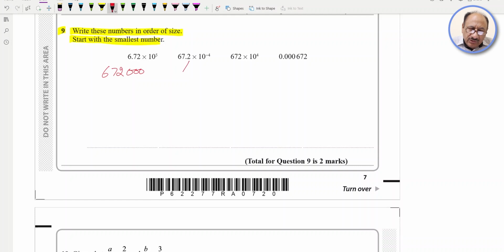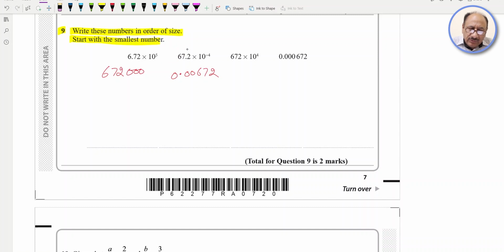Similarly for this one we can write this will be -4. So 4 units, 1, 2, 3 and 4 units will be moved to the left. So it will be 0.00672.